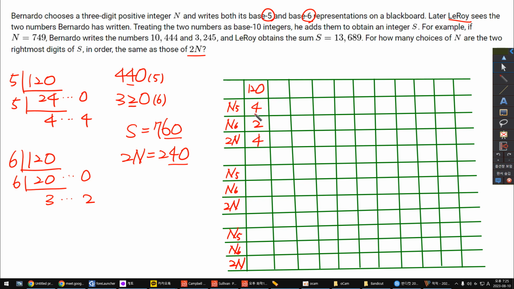And the next multiple of 30 will be 150. So if we add 30, because 30 is 5 times 5 plus... in terms of the base 5 representation, it's like adding 1 to the second digit. But because 5 should go to the next level in base 5 representation, it will be 0. And then the next number will increase by 1.